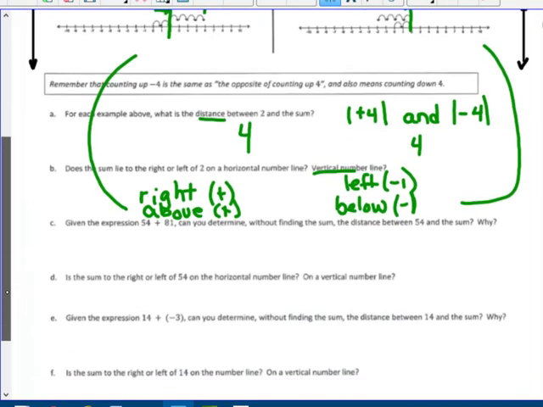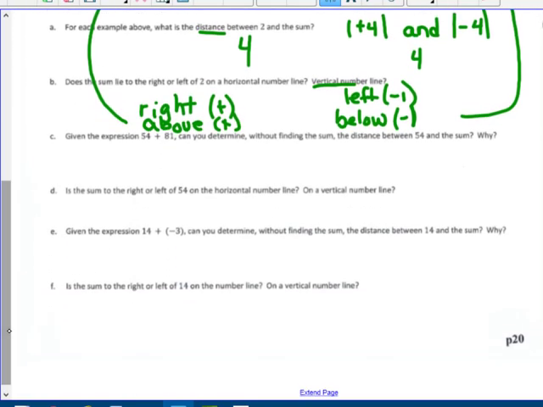Given the expression 54 plus 81, can you determine without finding the sum the distance between 54 and the sum? Well, the distance is going to be 81 units because I'm adding 81 units. It's going to be 81 units to the right, because you add a positive 81.